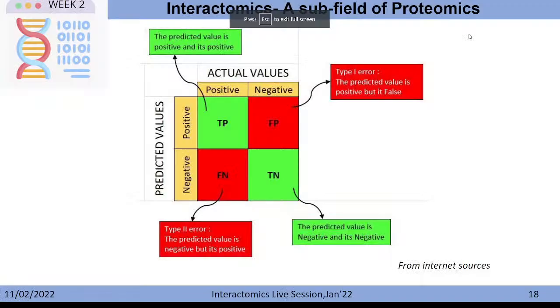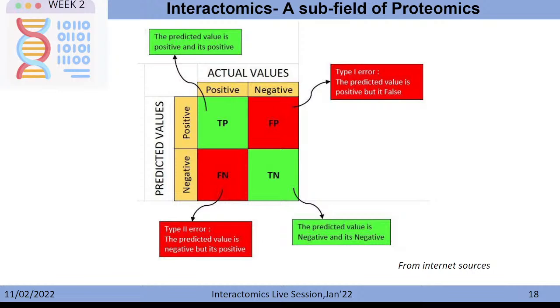The difference is that reporting or identifying a biomarker in a particular cohort due to experimental error is a false positive. But here, false positive implies that you have predicted it is a disease, but it is not so, and it is a healthy individual.